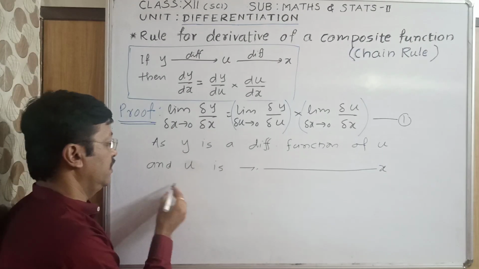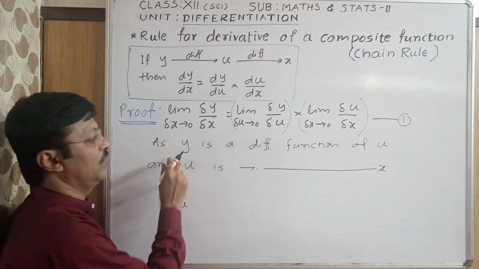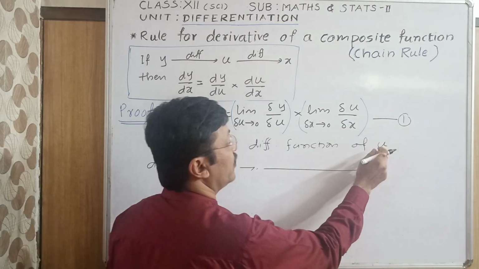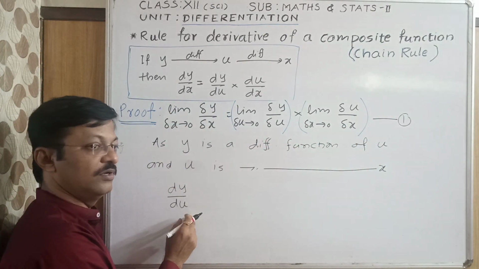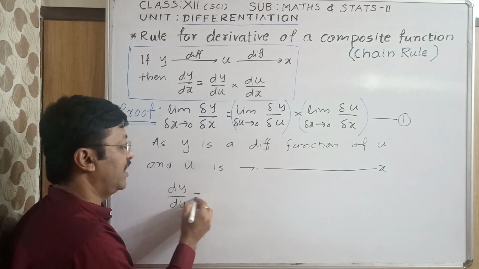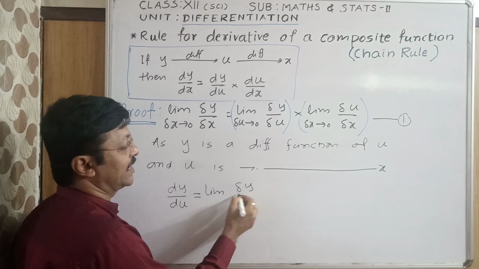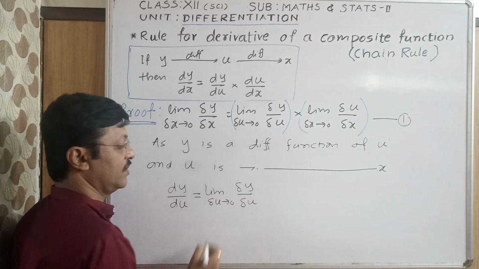What I can write is, y is a differentiable function of u, that means the derivative of y with respect to u exists. Derivative of y with respect to u means dy by du exists, and if that exists, we write it as limit delta y by delta u as delta u tends to 0.